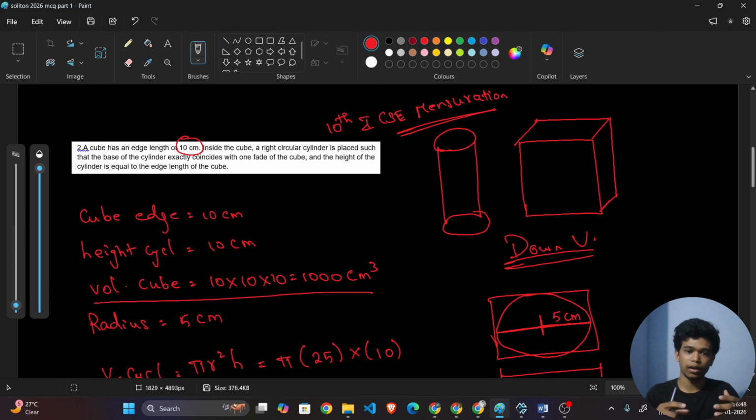These problems will be in chapter 18, I think, the mensuration chapter, where you can learn about cylinder, square, circle, then sphere and cuboid. If you want cuboid and cube, refer to the 9th. If you want the cylinder and more difficult shapes, refer to the 10th syllabus.